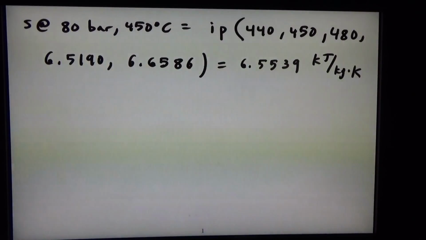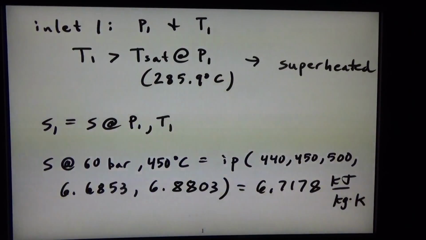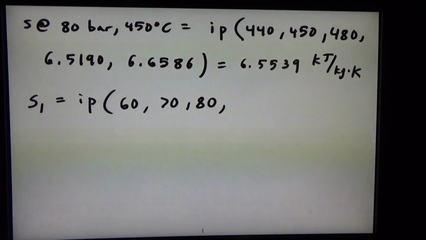Alright, now we can actually interpolate between 60 bar and 80 bar to get our value, which was at 70 bar. So our actual S1, we're interpolating here between 60 bar and 80 bar. At 60 bar, our value of S is 6.7178. And at 80, our value is 6.5539.